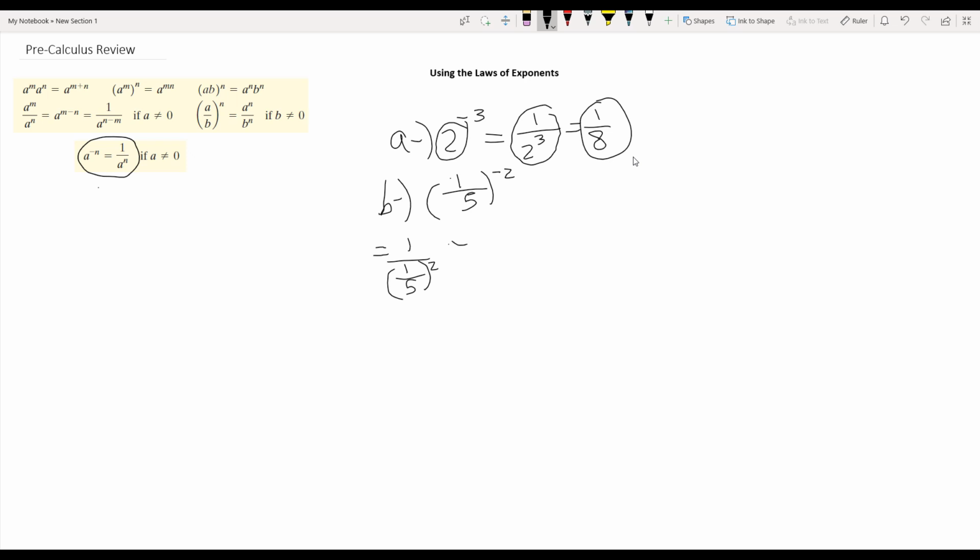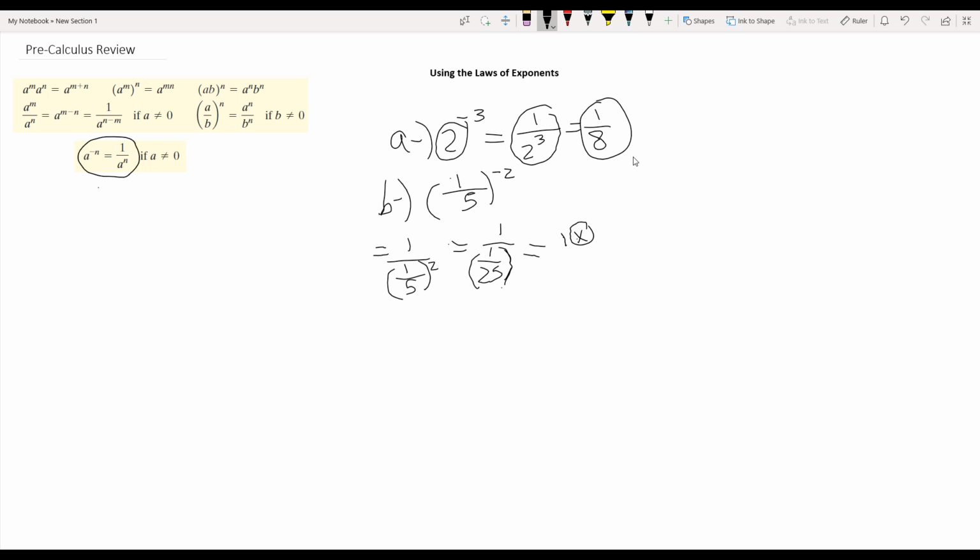So this will become 1 over 1 over 25. And if you recall from algebra, when you divide a number or two fractions, you can simply multiply. Let me use an x as a multiplication sign.